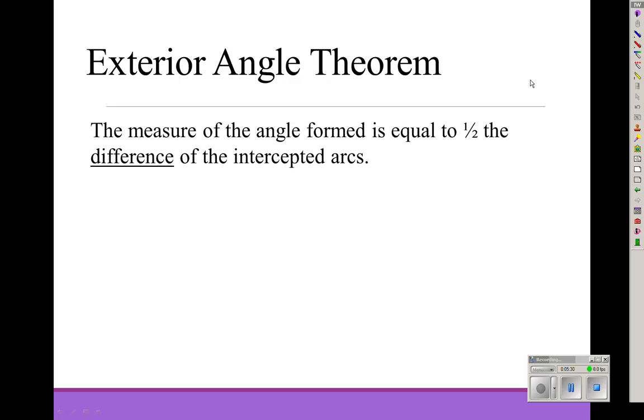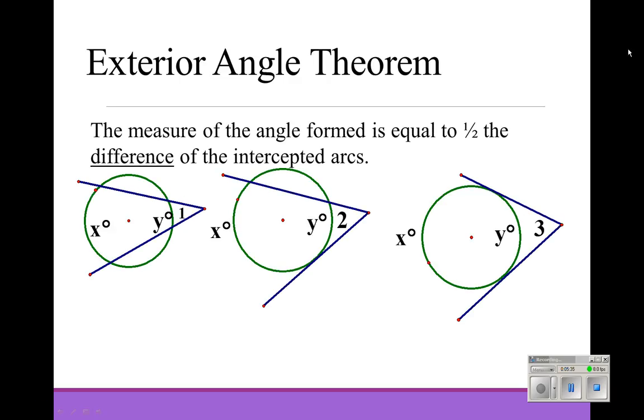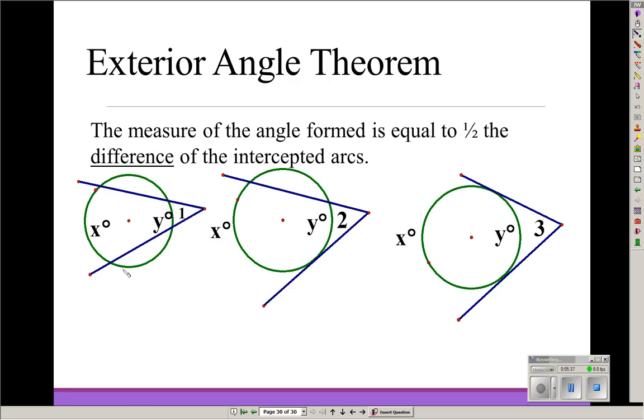So here's some pictures if you want to be a little bit more specific. In this first one, the intersection is outside, so the measure of angle 1 is half of x minus y, half of the difference. X is the bigger one, minus y, which is the smaller one.